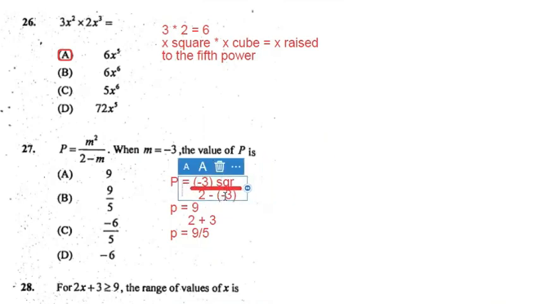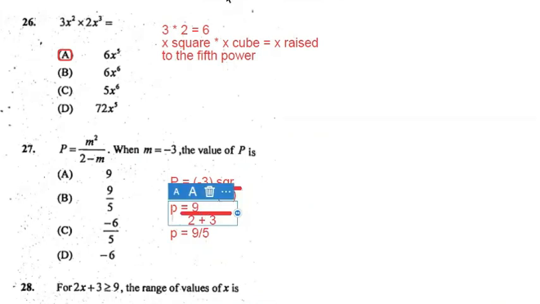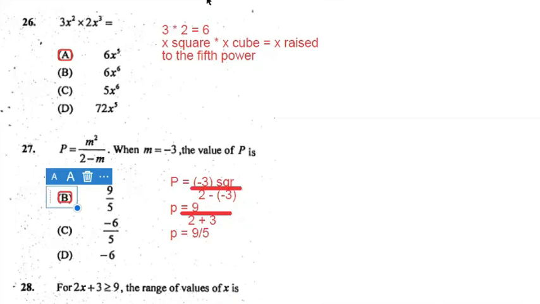And remember, negative times a negative will give you a positive. So we're now left with 3 squared, which is the negative 3 squared. And remember, when you square a negative number, it becomes positive. So we have positive 9, and we now have 2 plus 3, and therefore p is equal to 9 upon 5. So therefore the answer for 27 is B.